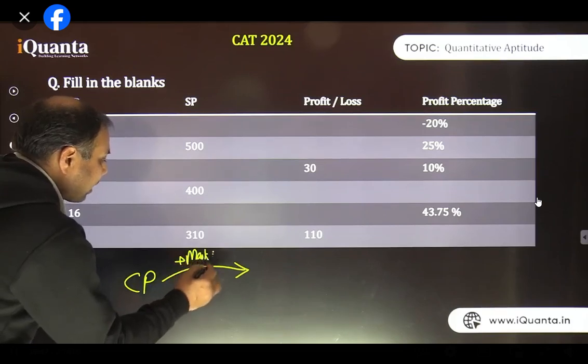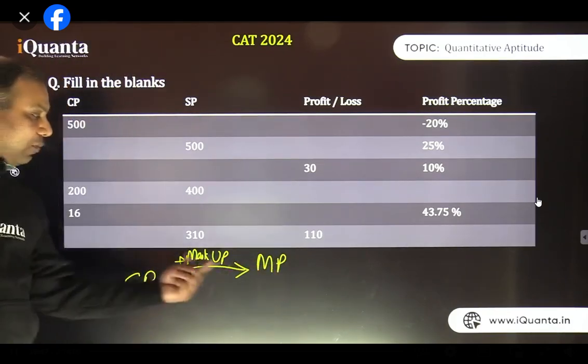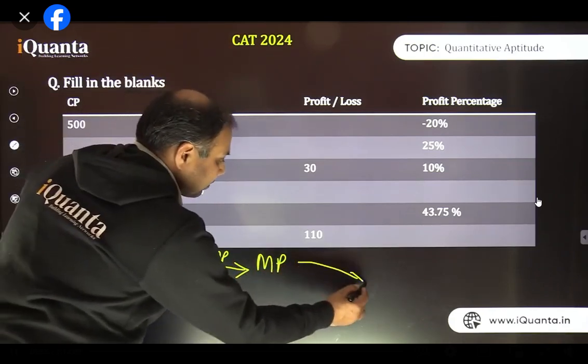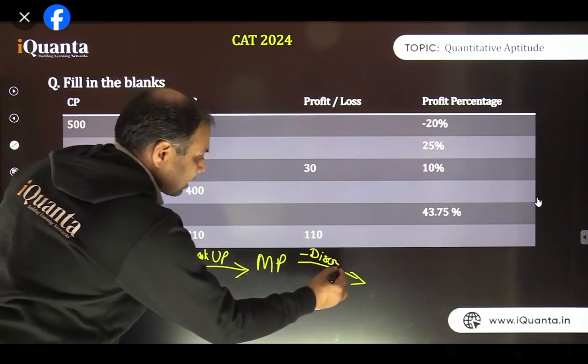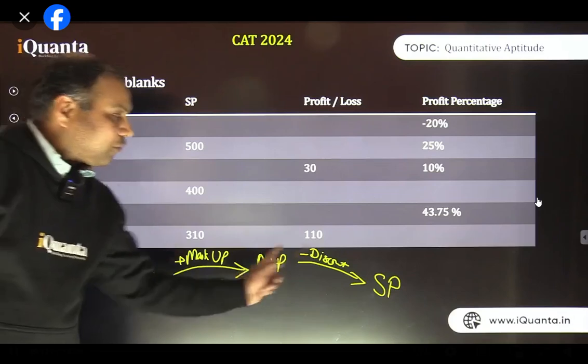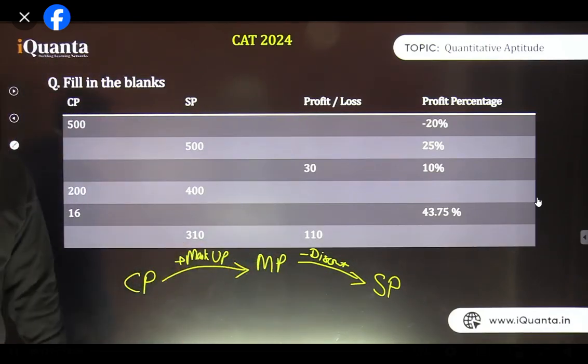So it is markup to get the mark price. This is the price which the customer is able to see. The difference between mark price and cost price is the markup. And on the markup, we offer certain discounts. When discount is subtracted from mark price, we get the selling price. So discount is the difference of mark price and selling price, and markup is the difference of mark price and cost price. That's it. Okay?